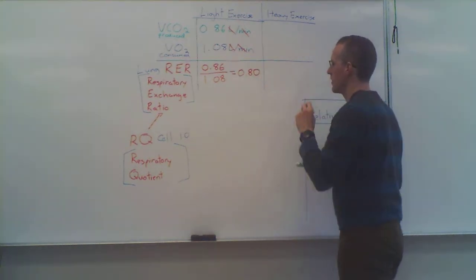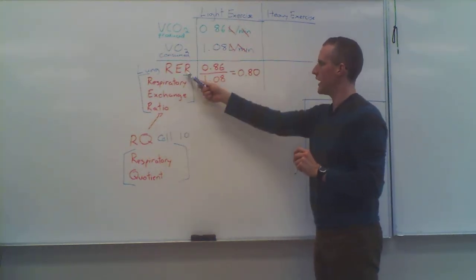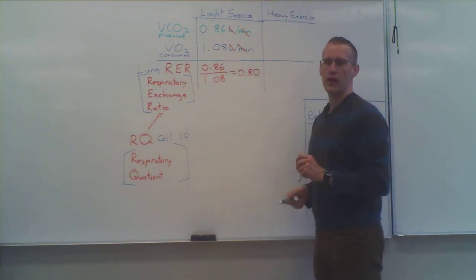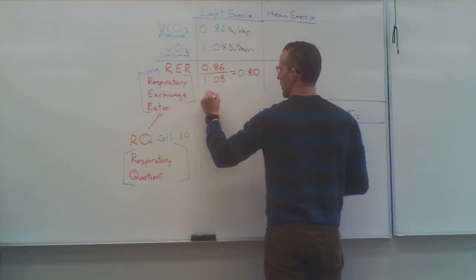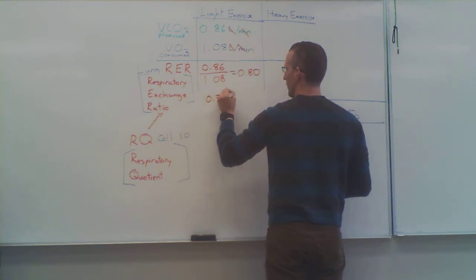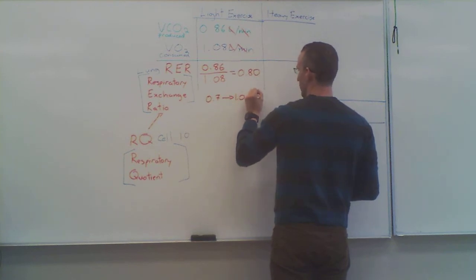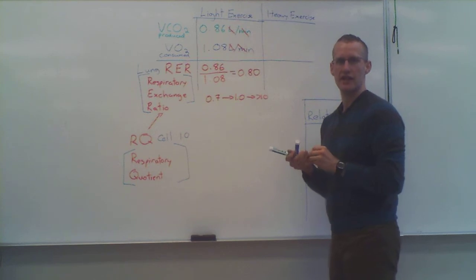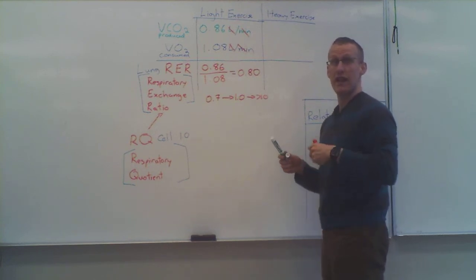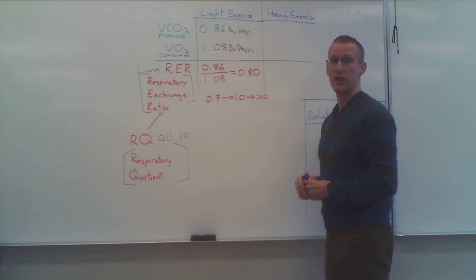So as I mentioned, the number cannot exceed 1 for RQ, but it can exceed 1 for RER. But the range, you'll see here, is anywhere from 0.7 to 1.0, and then greater than 1. At 0.7, an interesting fact is that you're burning almost completely fats. And at a ratio of 1.0, you're burning almost completely carbohydrates.